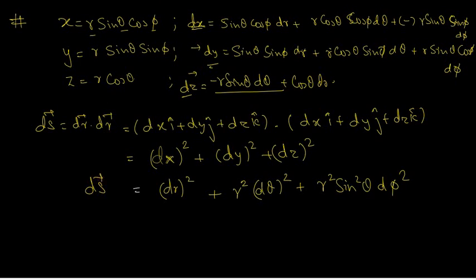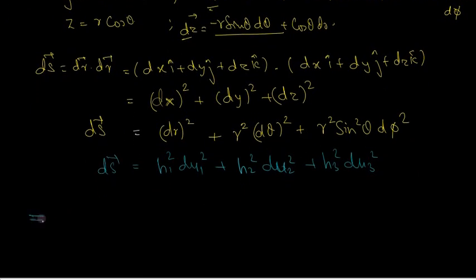Remember the ds term which we used earlier: ds square was h1 square du1 square plus h2 square du2 square plus h3 square du3 square. So from here you can calculate for a spherical coordinate system, h1 is equal to 1, h2 is equal to r, h3 is equal to r sine theta.